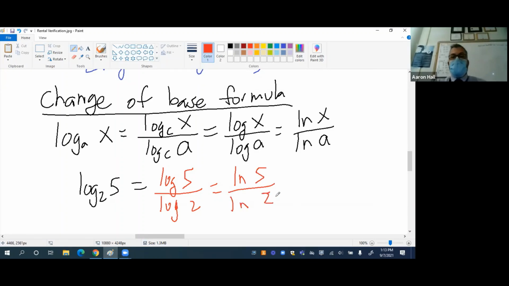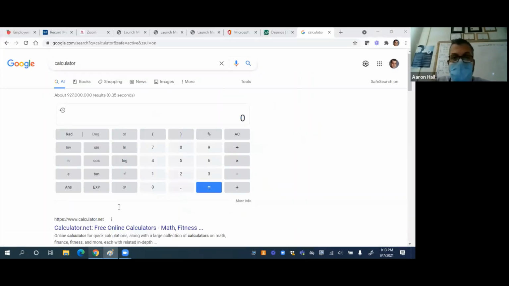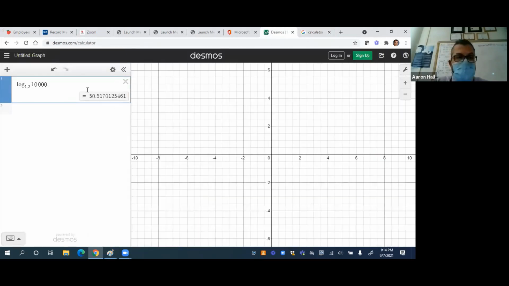In fact, log base 5, so let's do ln of 5 over ln of 2. I'm going to do, in parentheses, ln of 5, in parentheses, divided by ln of 2. And it should give me the same answer, 2.32, as if I go to Desmos and I type in log base 2 of 5.